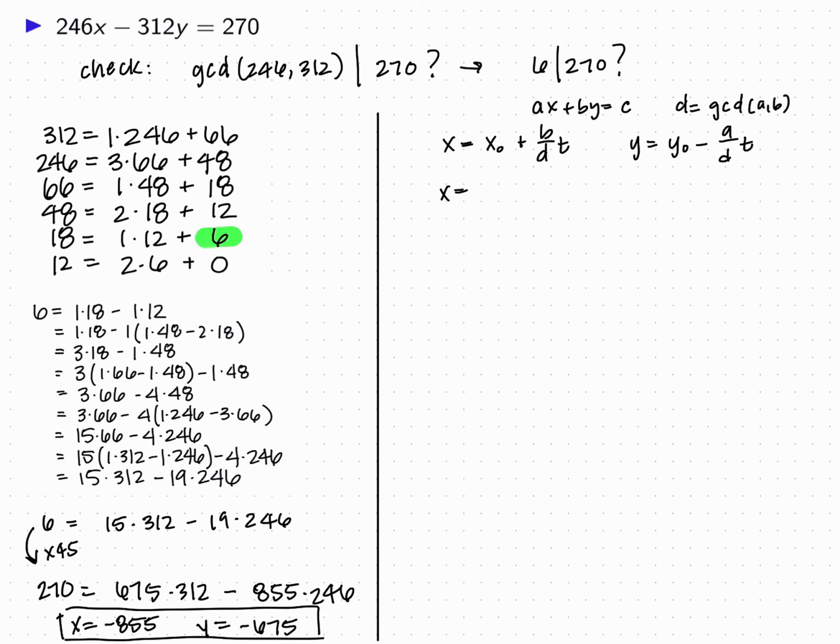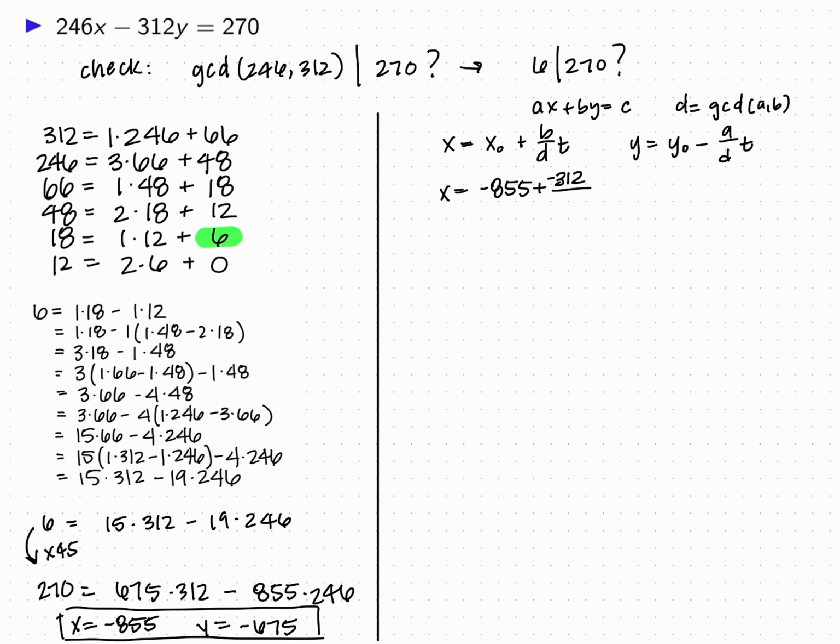X equals, well, our x value that we found as part of a solution is negative 855 plus, and one thing you can kind of do to keep up with these a little bit better. So the x value, negative 855, the b is always what with the y. So I see the negative 855, so I'm going to use the 312 with the x part. So 312, or negative 312 was a negative, wasn't it?